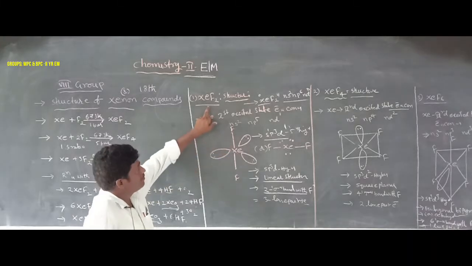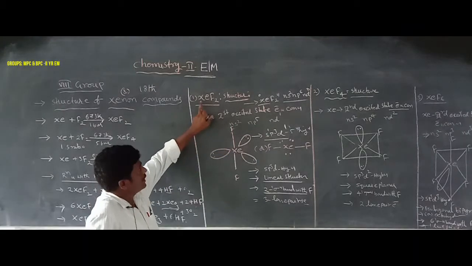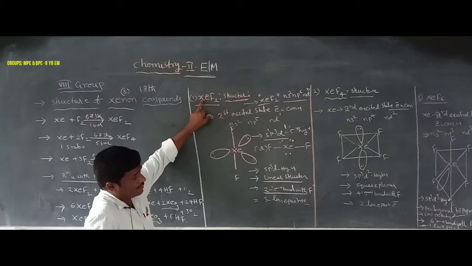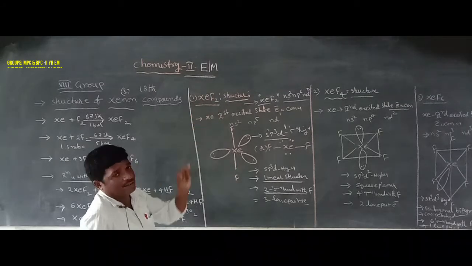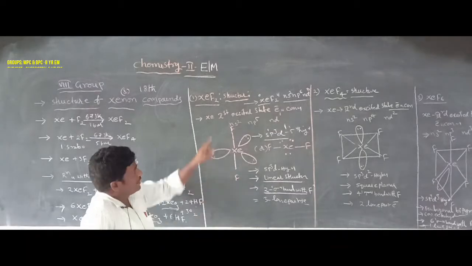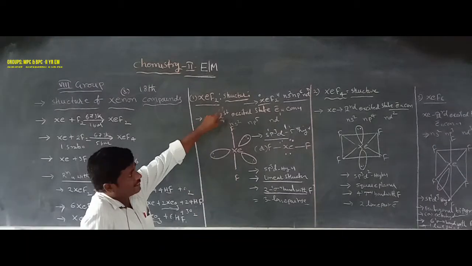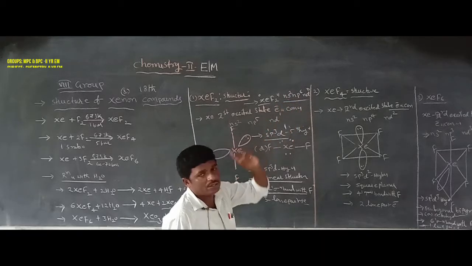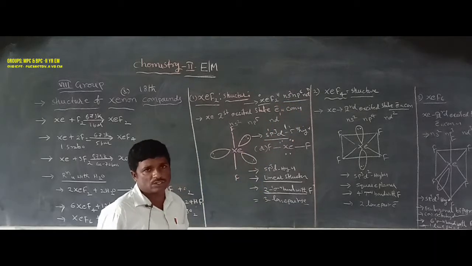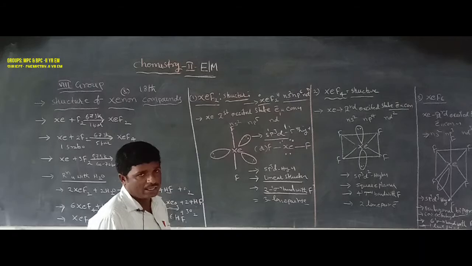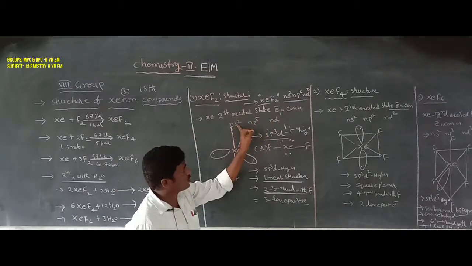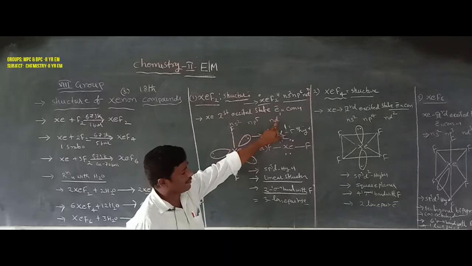Once again, xenon difluoride. Di means two fluorine atoms react with xenon to form xenon difluoride. In xenon difluoride, the xenon ground state electron configuration is 5s2 5p6 5d0. The first excited configuration is 5s2 5p5 5d1, with one electron jumping to the d orbital.